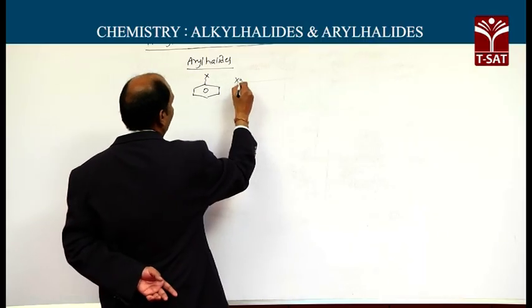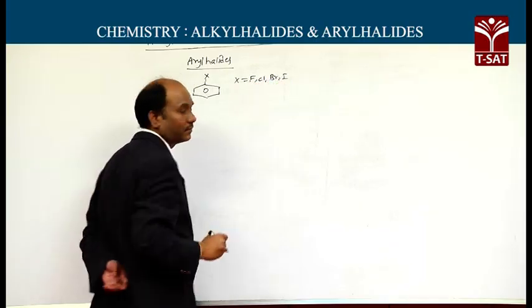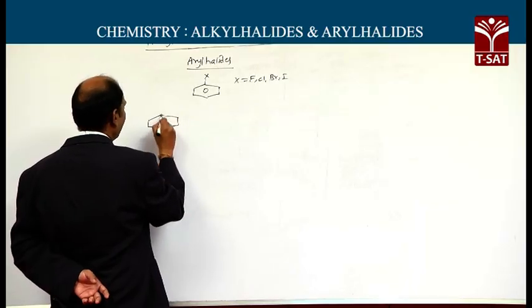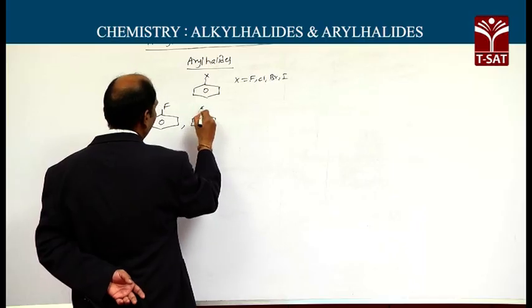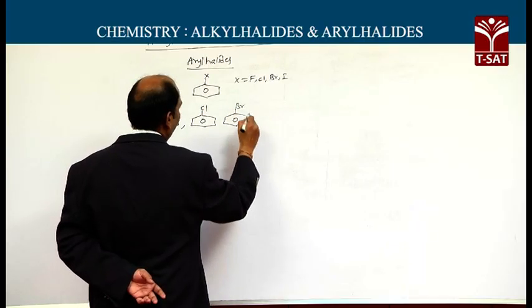Here X equals fluorine, chlorine, bromine or iodine. So this is fluorobenzene, this is chlorobenzene, bromobenzene and iodobenzene.